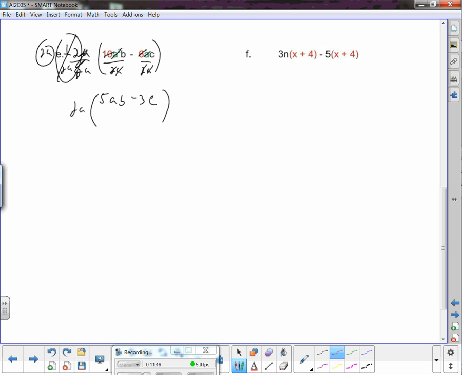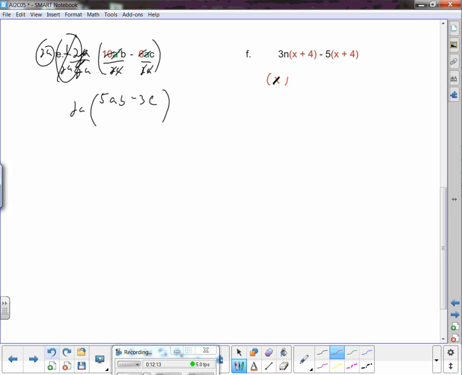Okay, this one is abstract in that the common thing is a quantity. This parentheses x plus 4 is one thing, right? If the x is a 6, that parentheses is a 10, right? It's one thing. And so it is common to both terms. And can we then not factor it out?